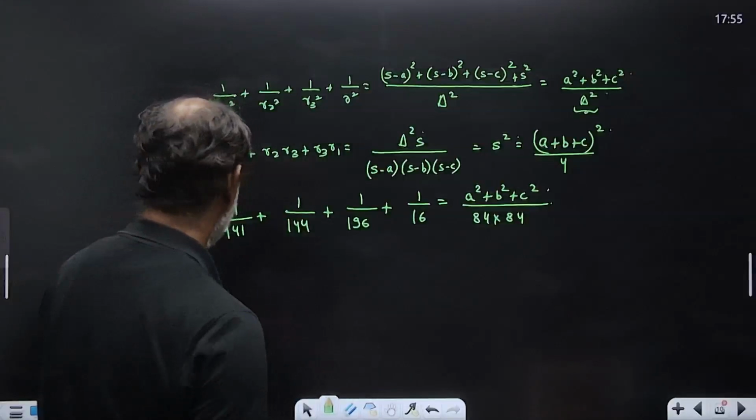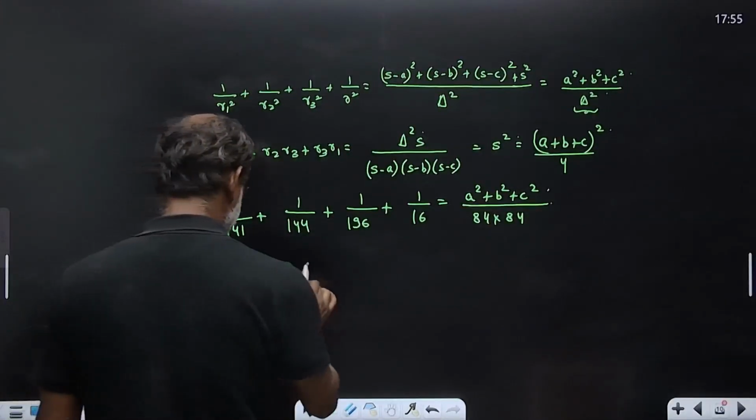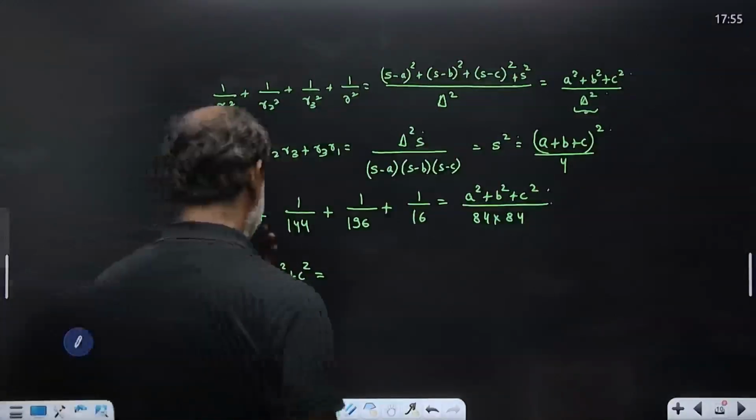What is A square plus B square plus C square? 84.